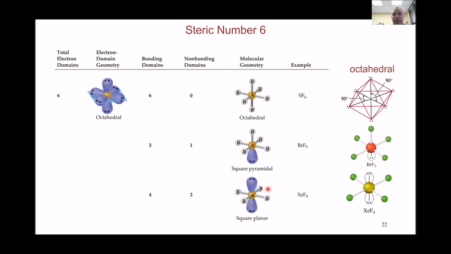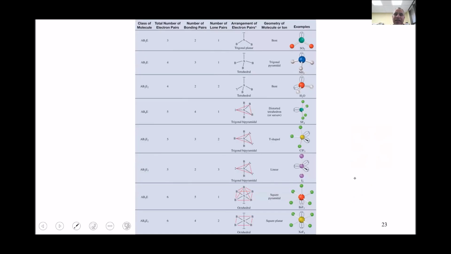So the overall shape of the molecule in this case is going to be a square planar shape, and an example for that is xenon tetrafluoride. And that table here summarizes all the possible variations of molecular shapes based on the number of lone pairs in the molecule.